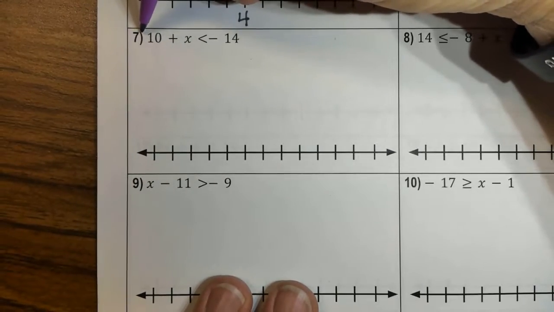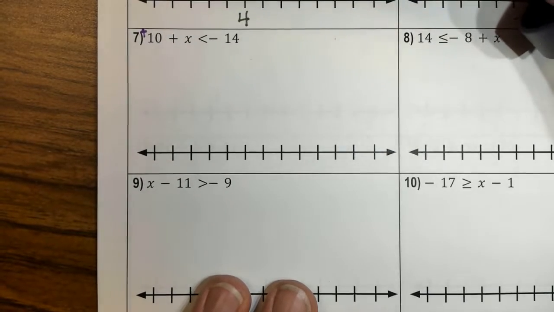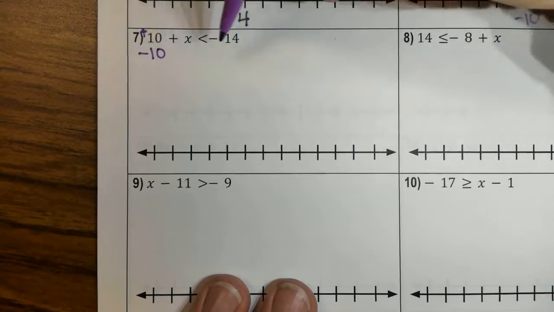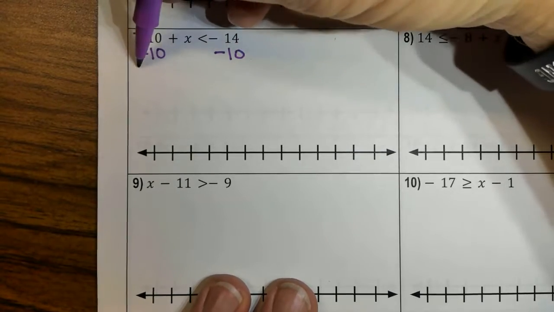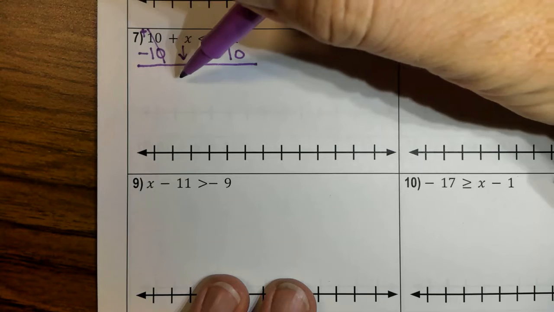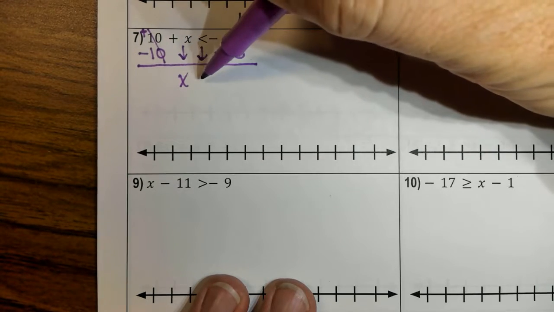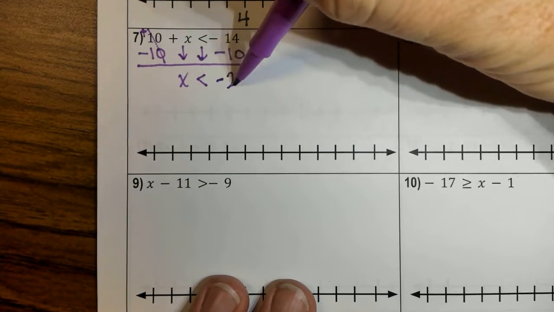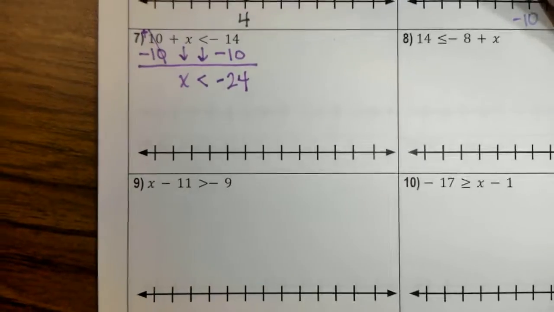So if you want to, if it helps, you can do a plus in the front, that's fine. So if it's plus 10 or positive, I would make it a -10, it's the same thing. So I carry my x down, take my symbol down, and then -14 minus 10, -24.